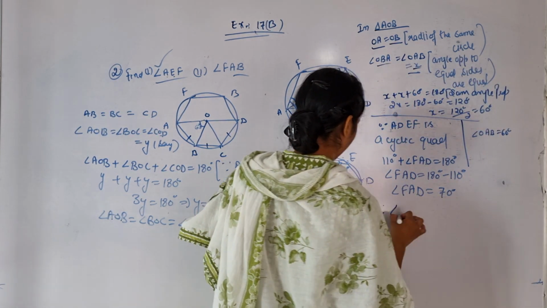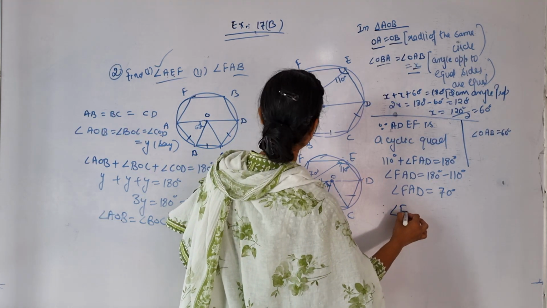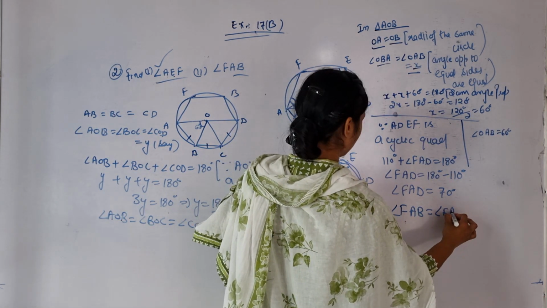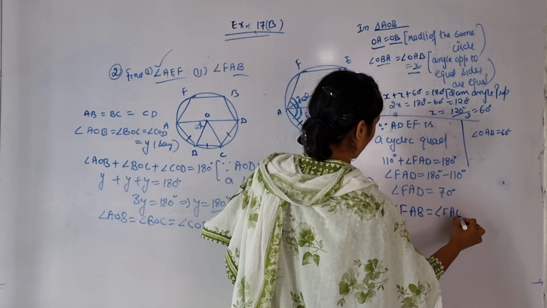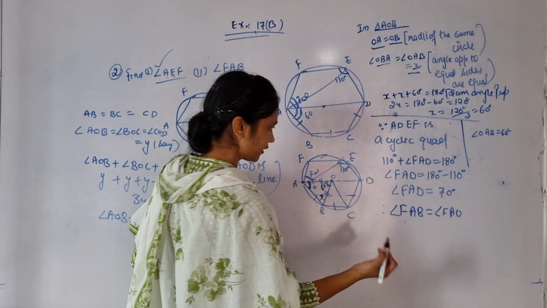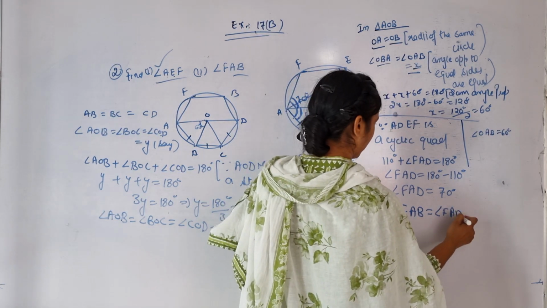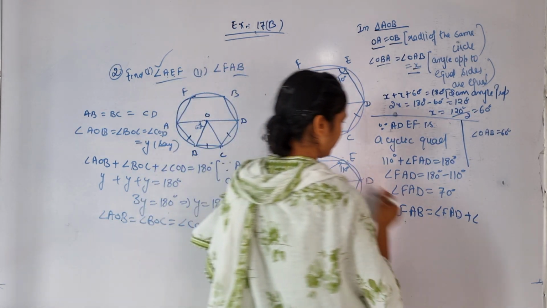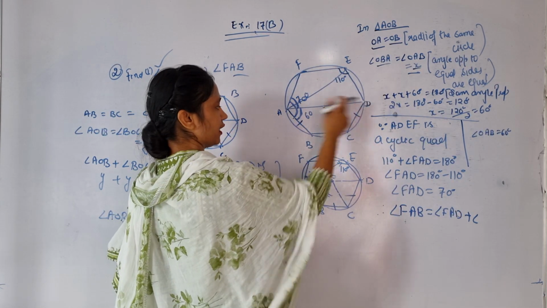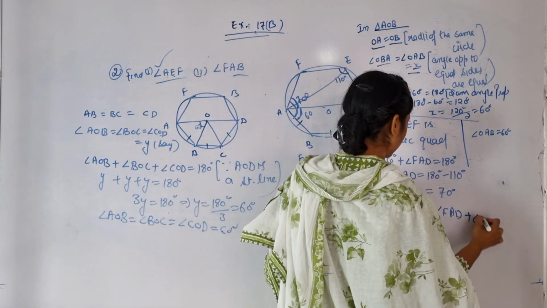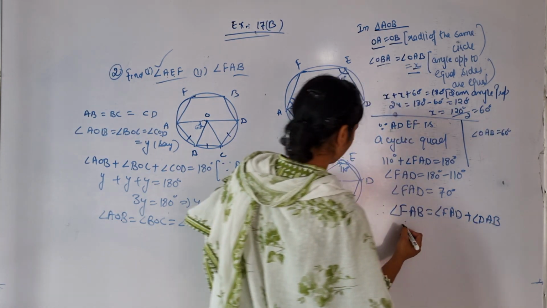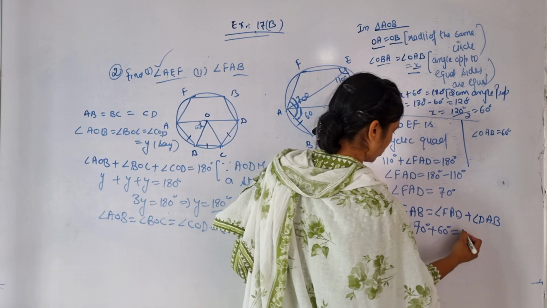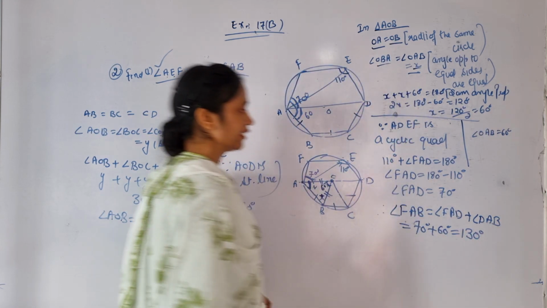Therefore, angle FAB, which is equal to angle FAO plus angle OAB, OAB or DAB, one and the same thing, is equal to 70 degrees plus 60 degrees, which is 130 degrees.